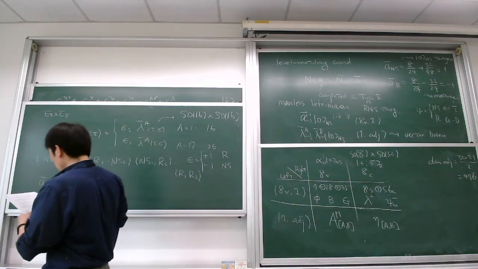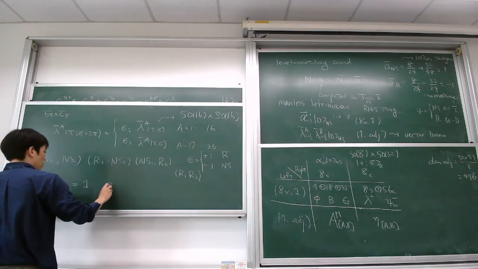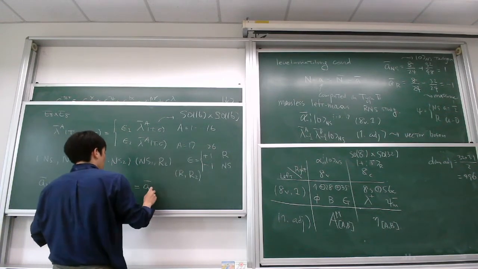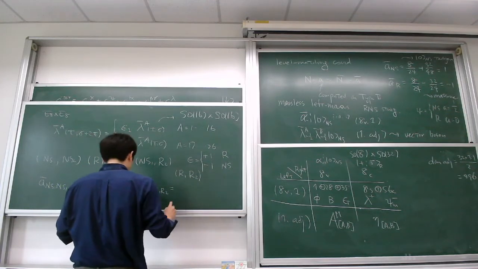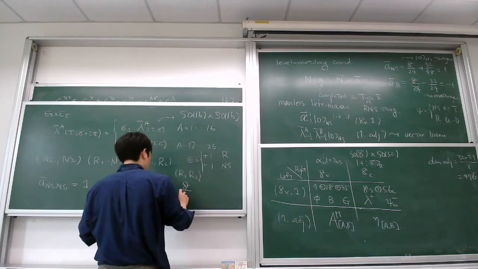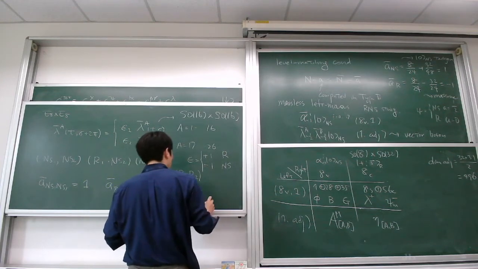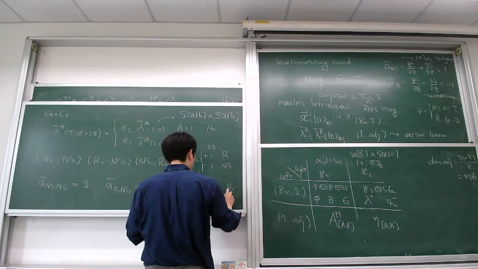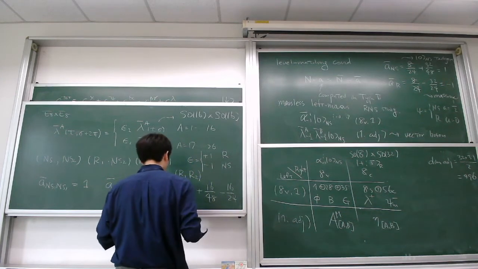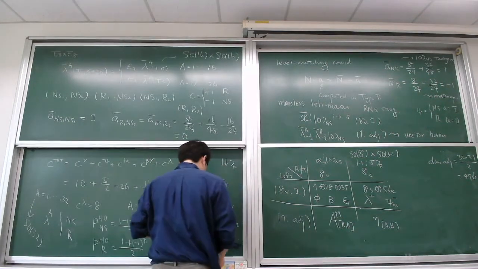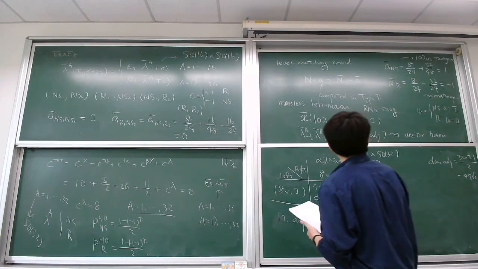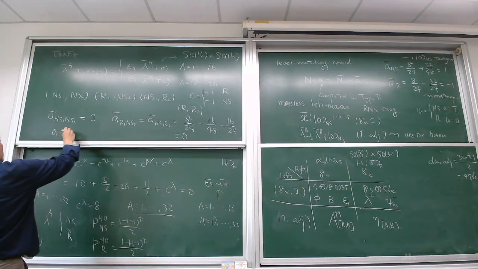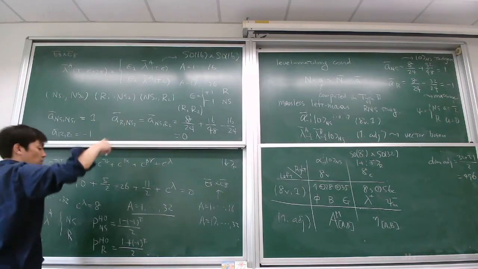This is 1, but A bar Ramond 1 and S2 is equal to A bar, and S1 Ramond 2 is equal to... 8 over 24 is the same, but now we have Ramond for half and NS for half, so we have the form, which is equal to C. So now we have masses, and how about A bar Ramond, Ramond is equal to minus 1. It's the same as before.